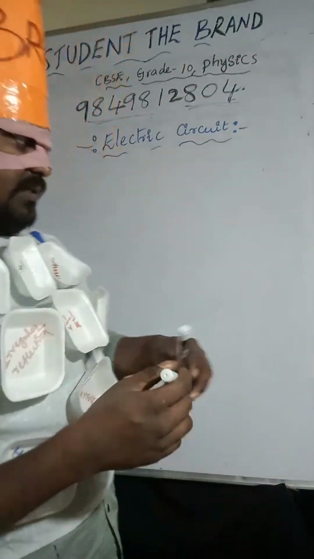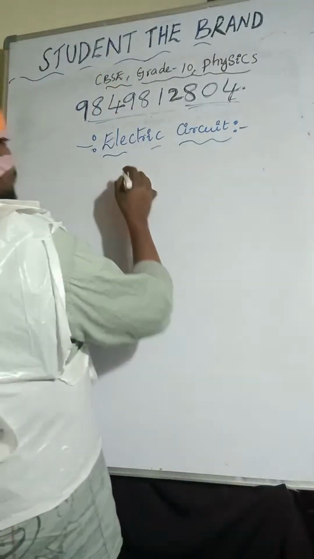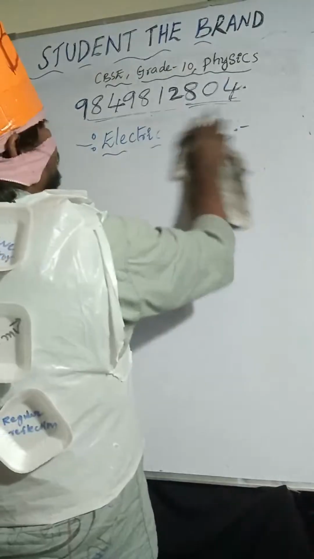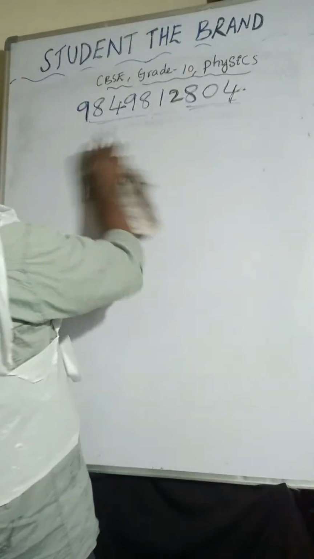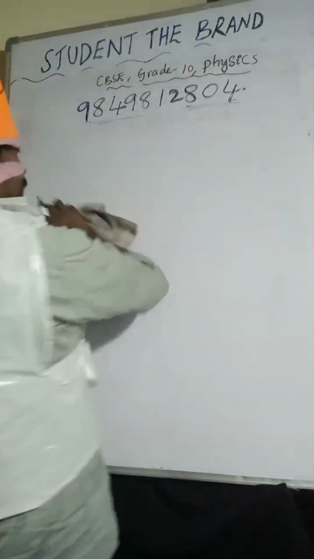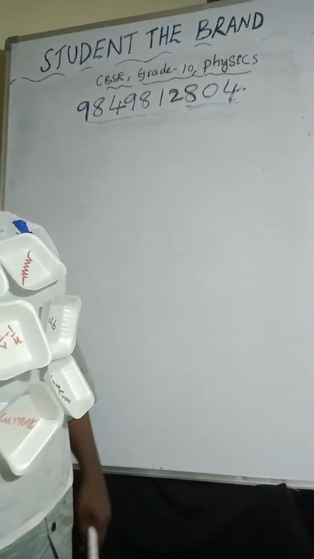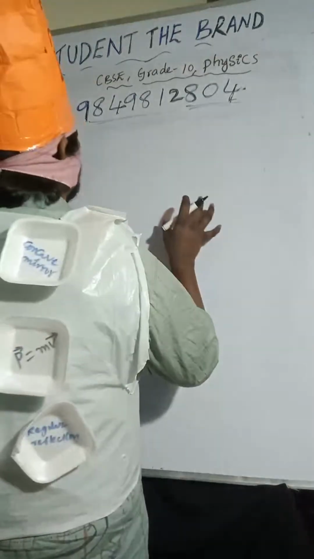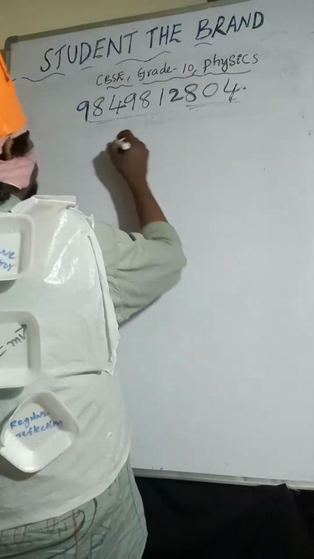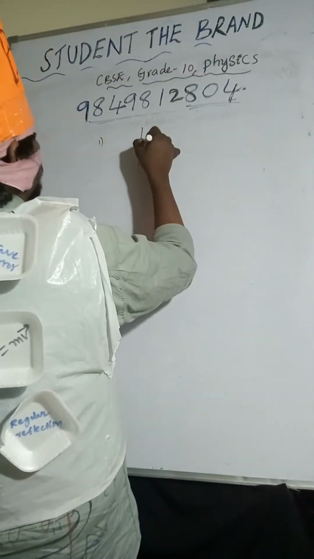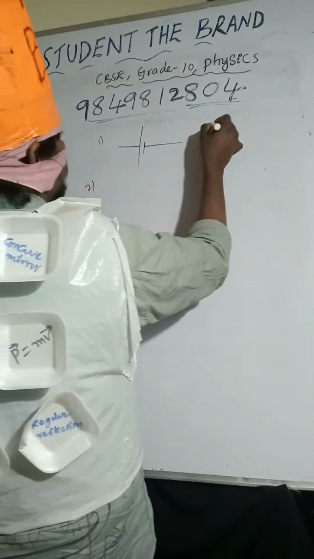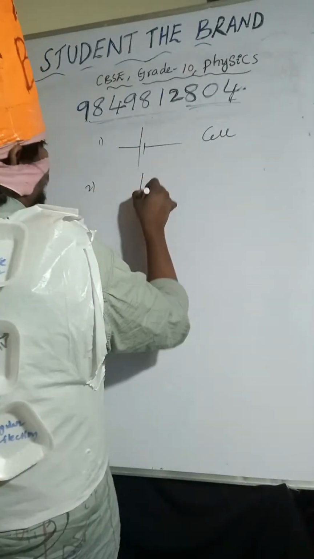Electrical appliances. So here you can consider an electric circuit. First one is cell. Second one is battery.